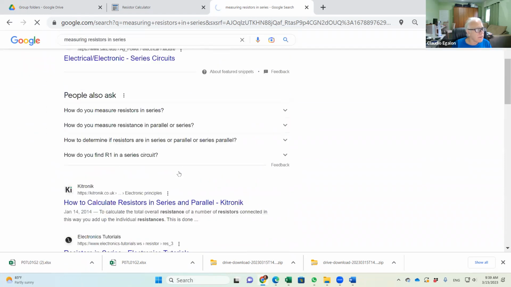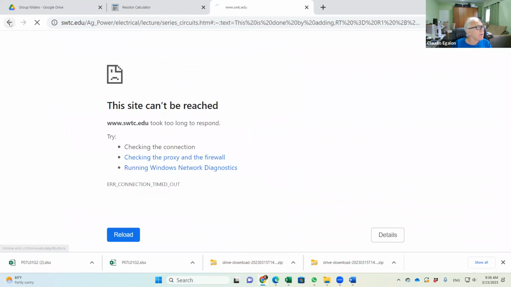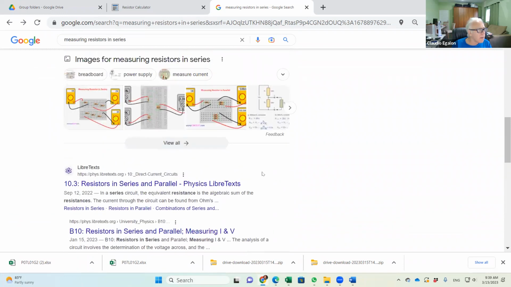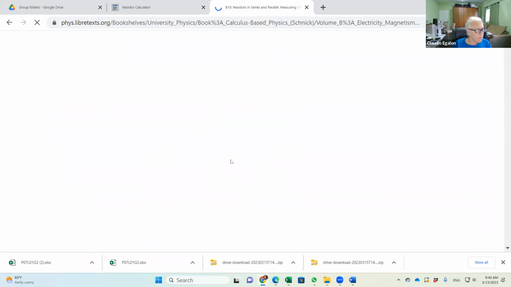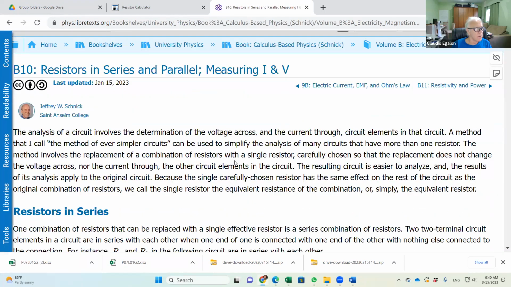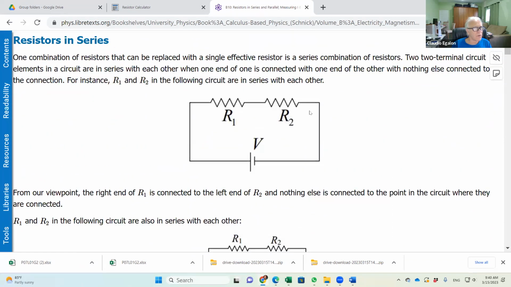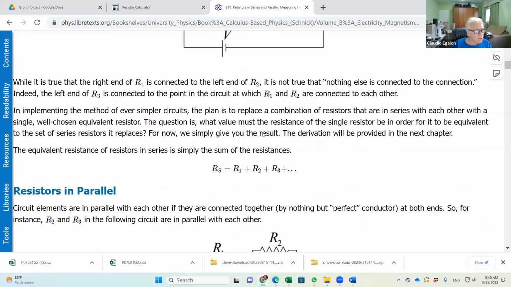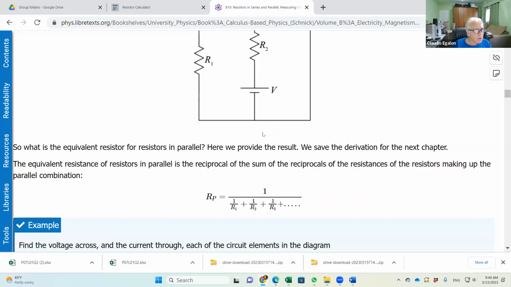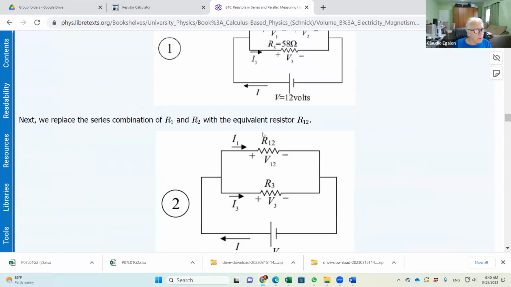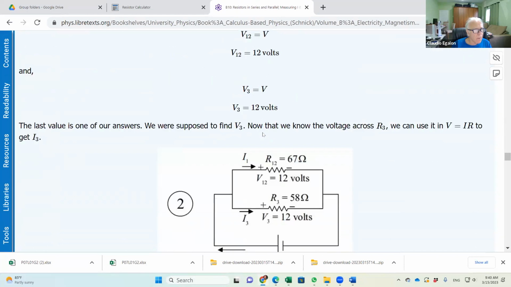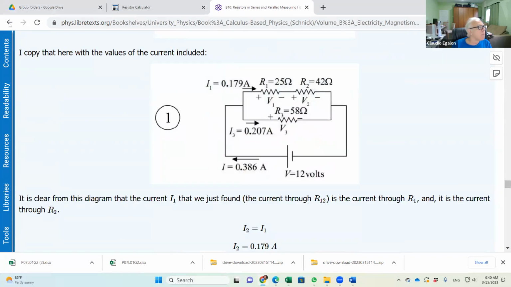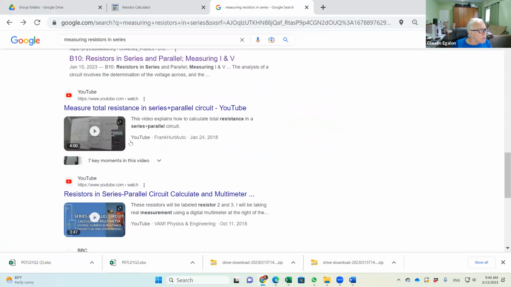Nope, didn't open. This is in parallel. Here's an illustration of 2 resistors in series, right? I want to show you an actual picture. Yeah, it doesn't have a picture here, but we do have this one.